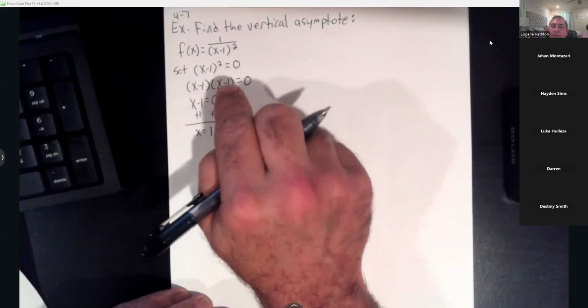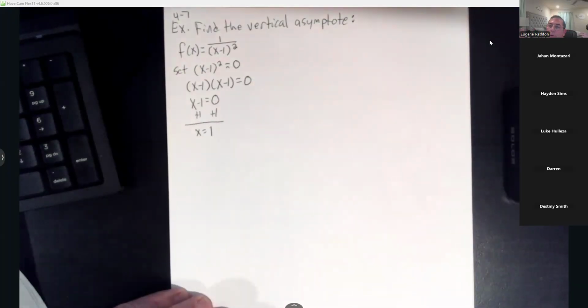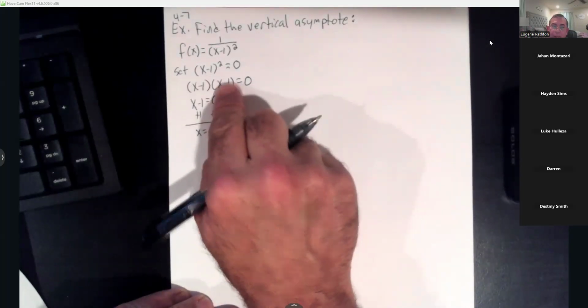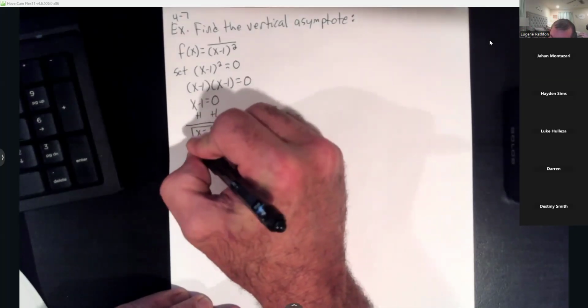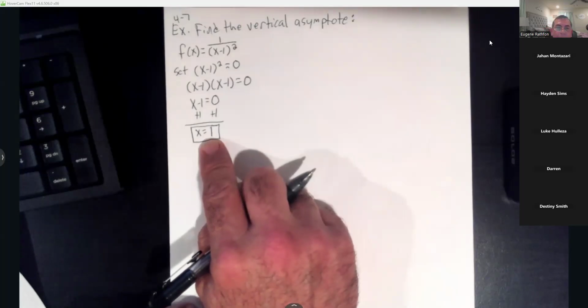This is a repeat, so it would give me the same answer. So the vertical asymptote only has to be listed one time when you've got a repeat. And y'all, what I would put in MATLAB is that answer right there, x equals 1.